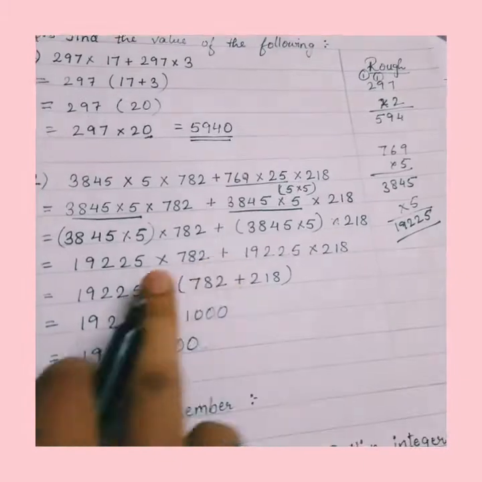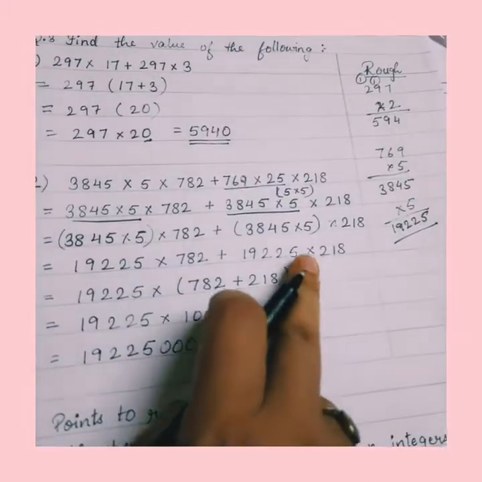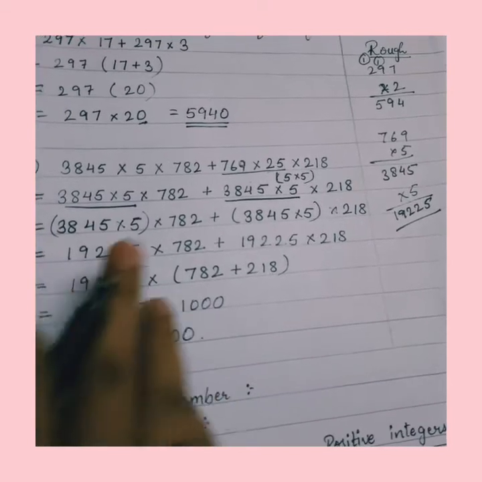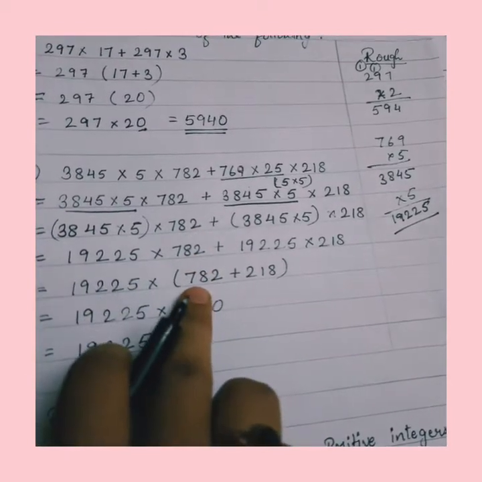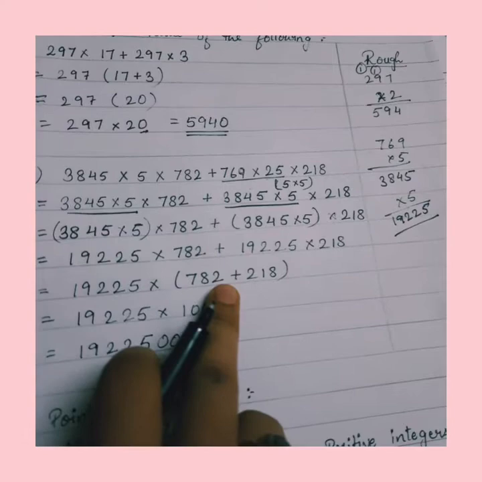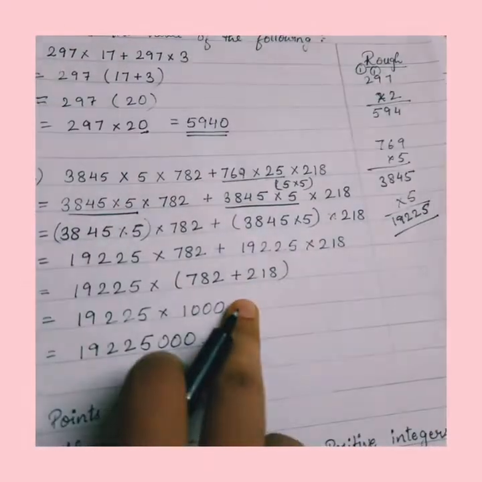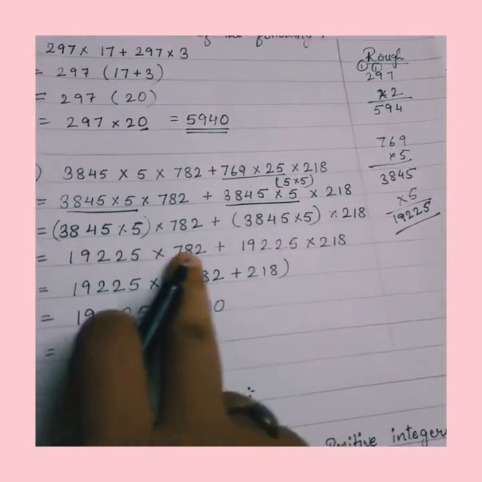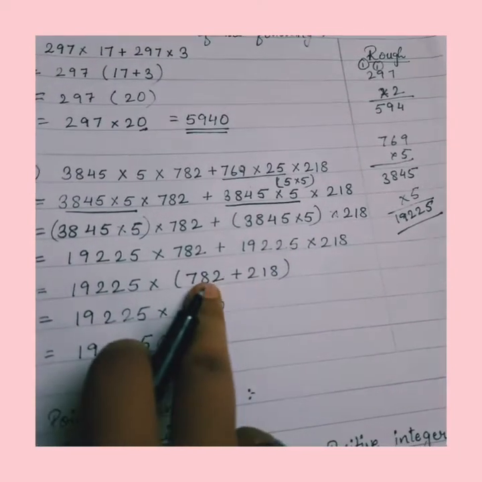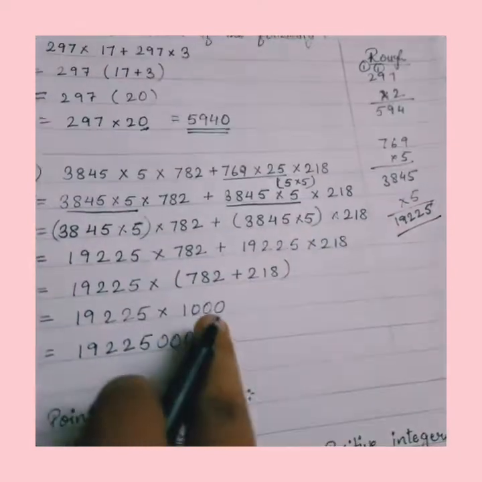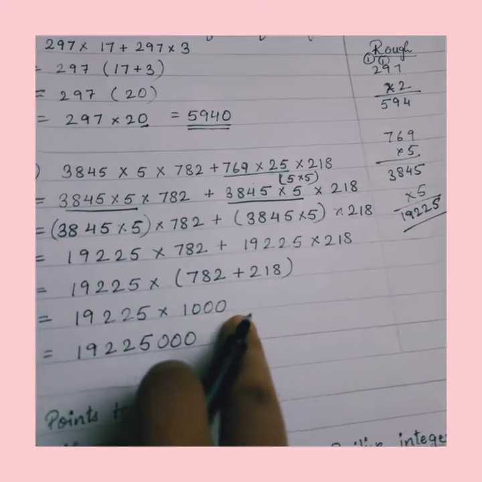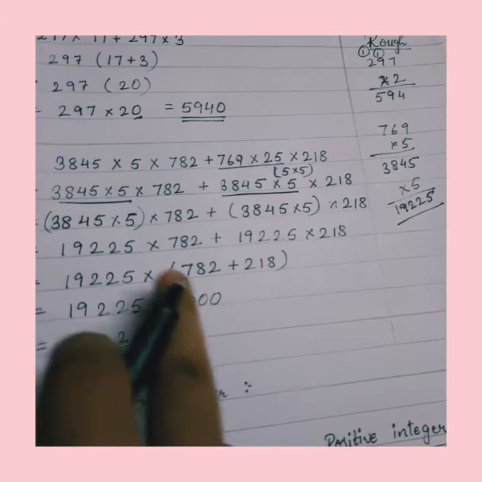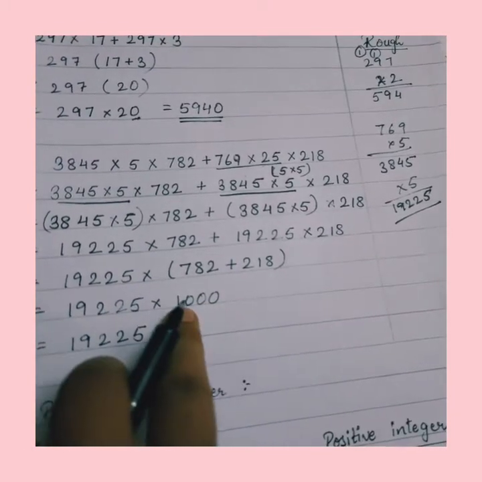So 19,225 I got here, and that I will take out as common, and 782, plus sign will be copied as it is, and 218. Why have I arranged the numbers like this? Because on adding these two numbers I will get 1000, which is having 3 zeros at the end. That means this will make my calculation easier here.